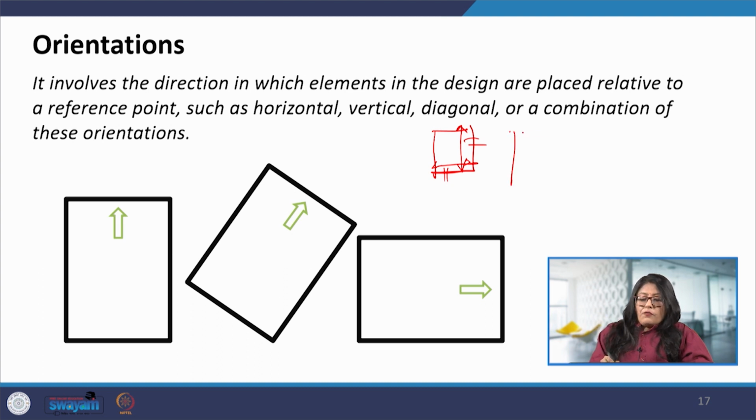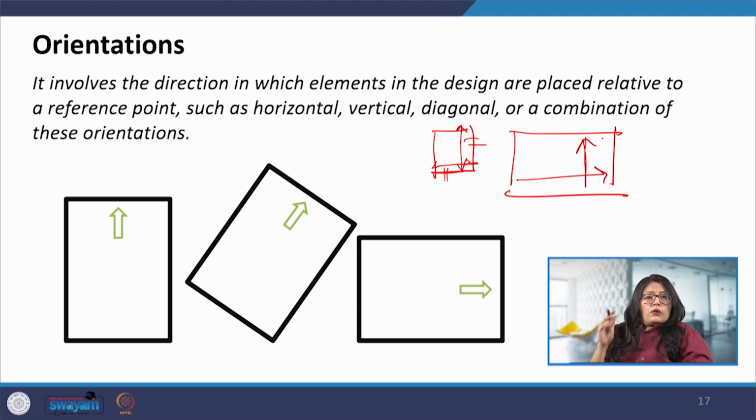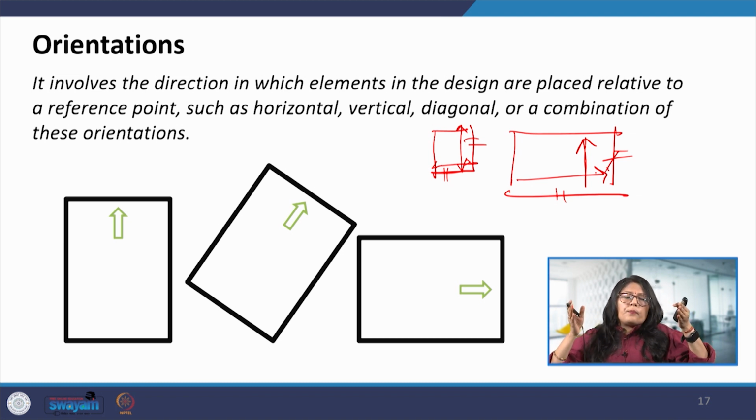But when we have a rectangular image area, picture plane, then we have a length and a width. They are not equal to each other. So in this case the eye gets a direction to move. If it is placed in landscape position, then the eye will move along the horizontal line.